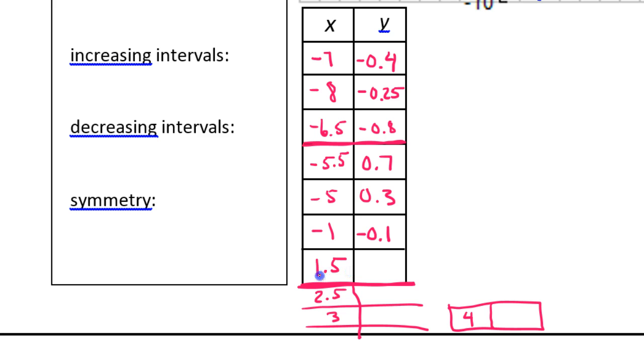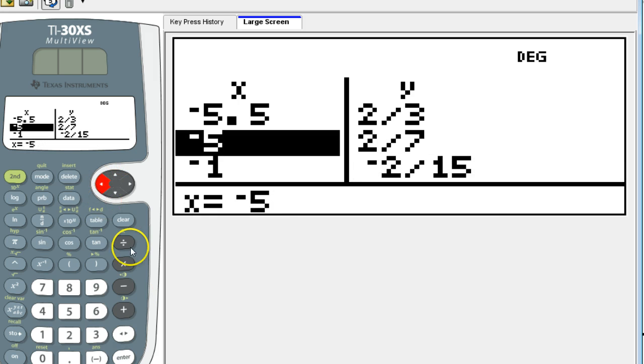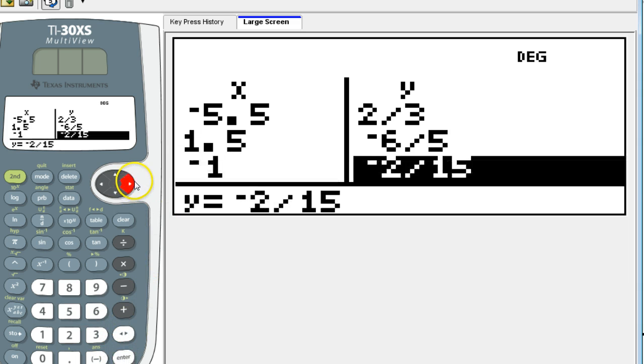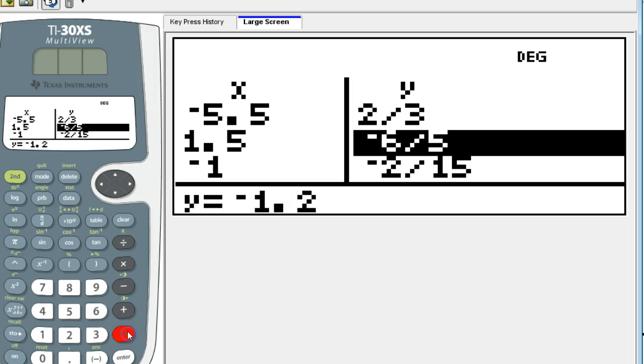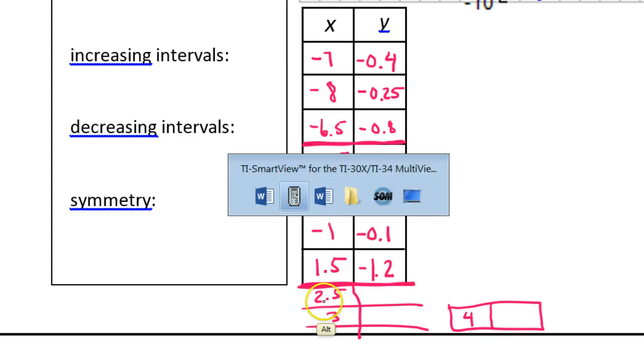And at 1.5, I'm at -1.2. Okay, what about 2.5?